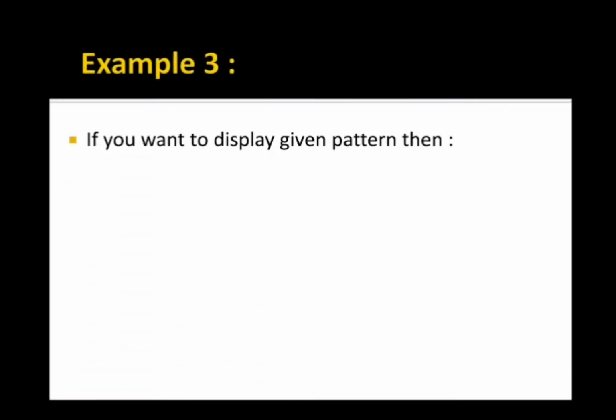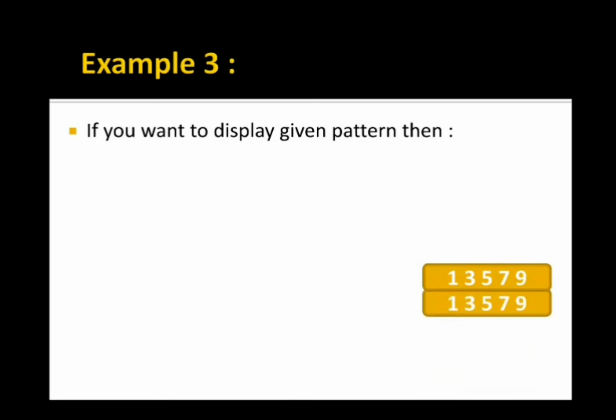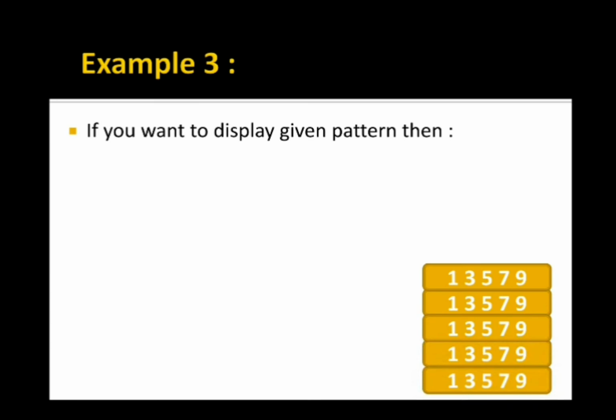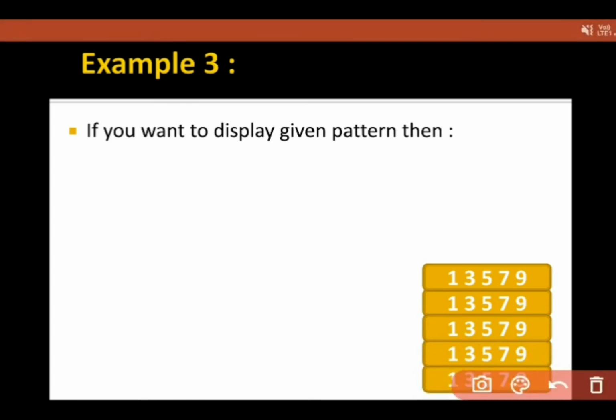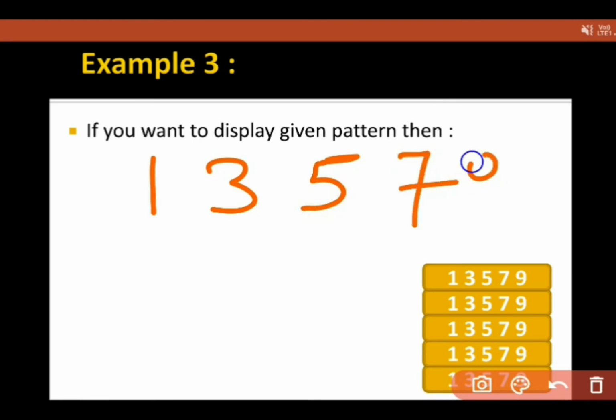Now, if I want to create my pattern in this way, means what is in front of me? 1, 3, 5, 7, 9. Means this activity I want to repeat 5 times. Whatever activity it is, I am having 5 columns in front of me.